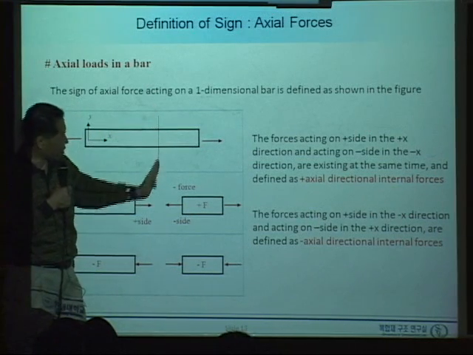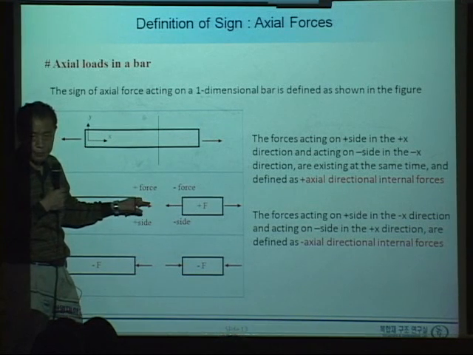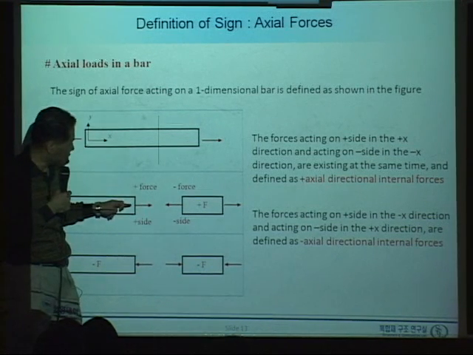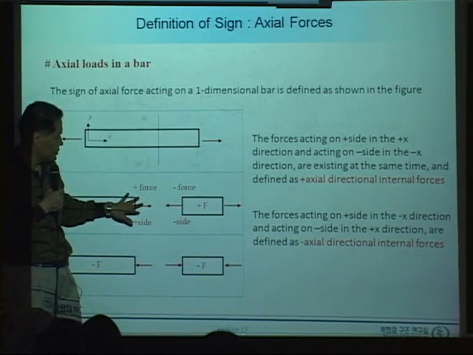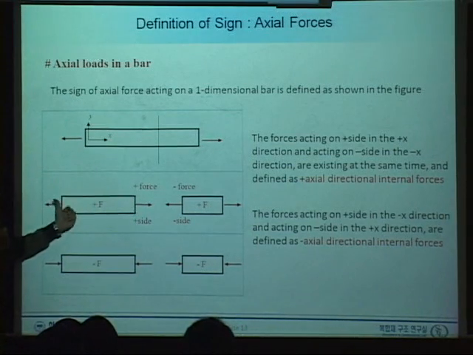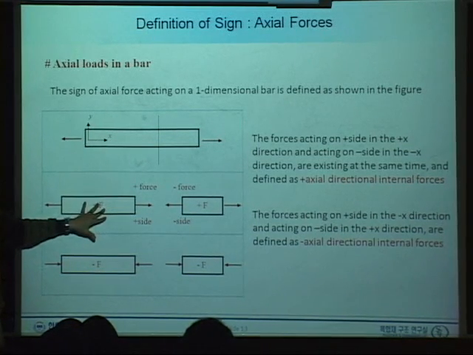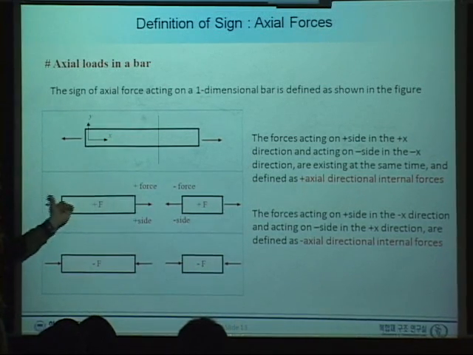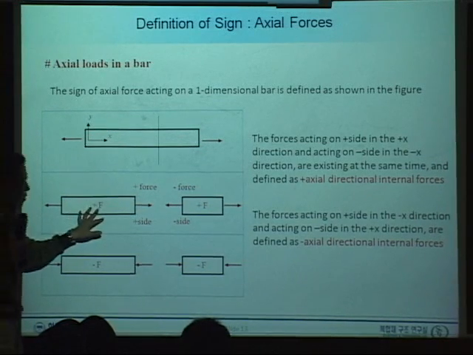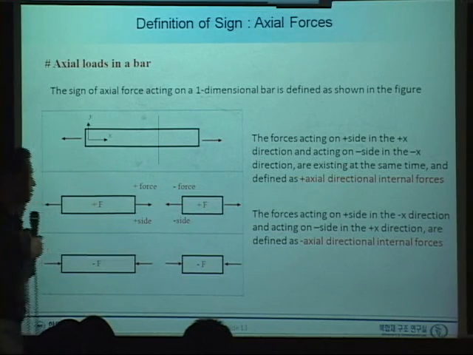And then let's say we cut a certain section, and on the plus side, if we have a reaction force in the same direction as this area, we call it plus. And if the minus area is subject to a minus force, then it's called plus, right? So if it is tension, then this plus area is subject to a plus force, and the minus area to a minus force. So this is plus. And same for this part. Plus, plus, minus, minus.